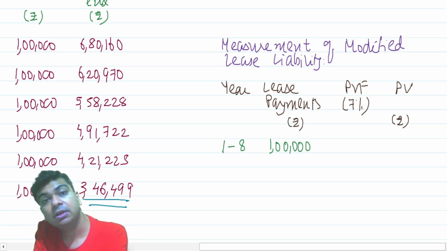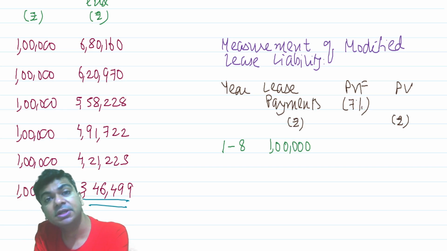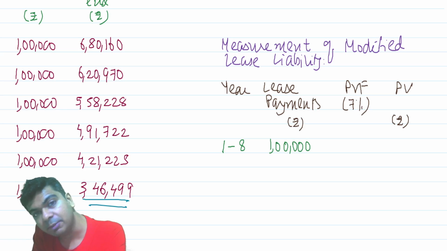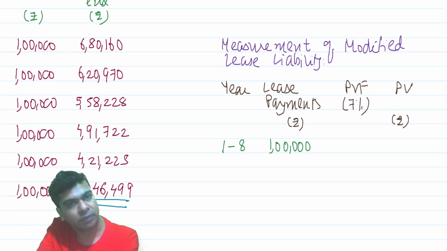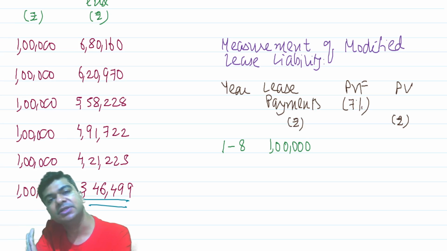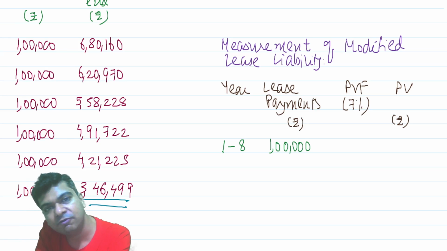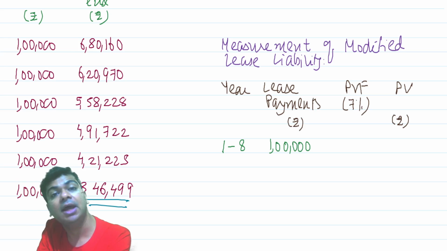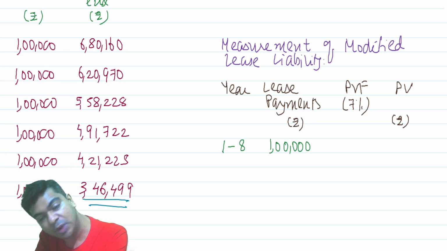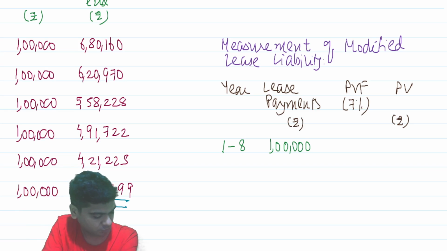Again, I am repeating, at the beginning of the 7th year, you are extending the lease by 4 years. At the beginning of 7th year, 4 years are still left. Another 4 years, so now total 8 years. So we are calculating in this way, that if this is a fresh lease, let's say you are signing the lease agreement for the very first time, then it will be a lease for 8 years. Rent is 1 lakh, but at that time, the discount rate is 7%. So I'm using 7%.